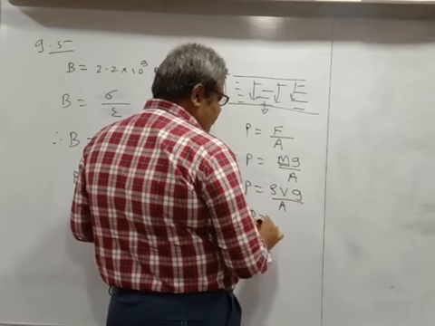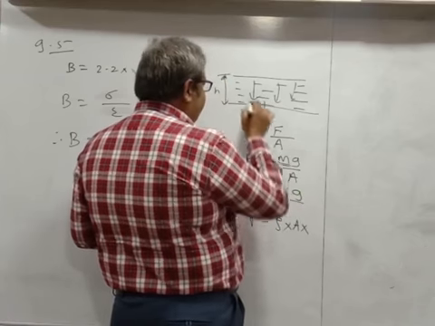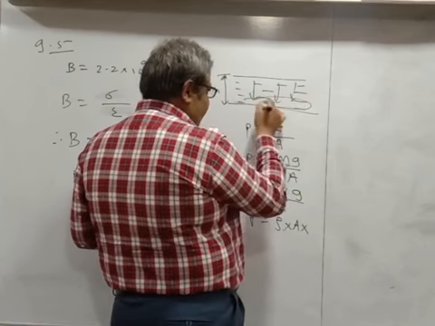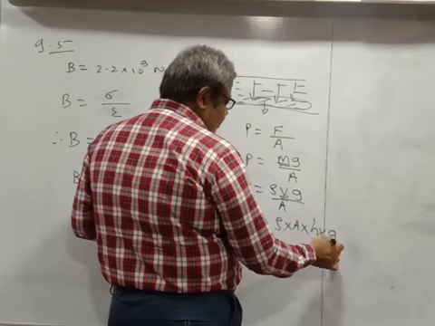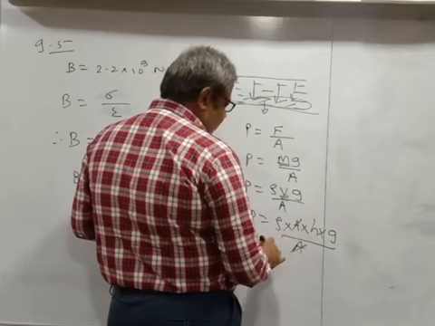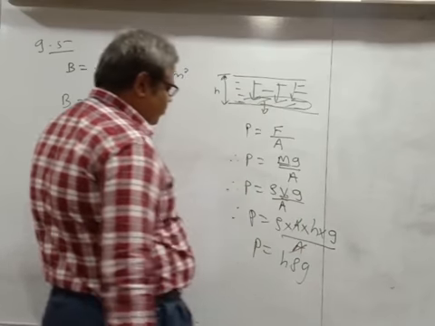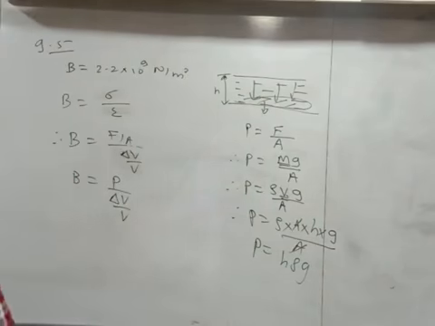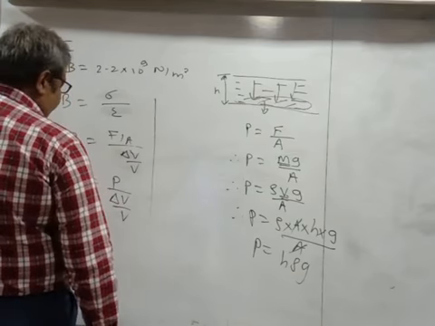So pressure is equal to rho, and in place of V we can write cross-sectional area A multiplied by H, divided by A. So this A and A will get cancelled, and pressure comes out to be H rho g. So F upon A, or pressure, is equal to H rho g.